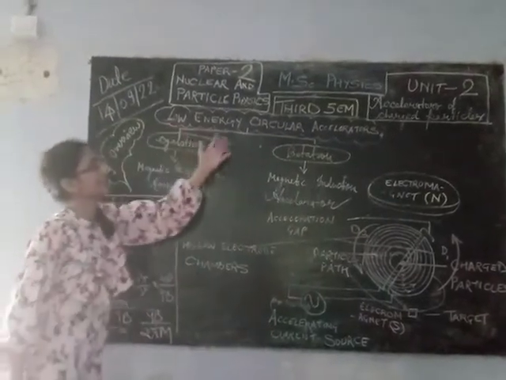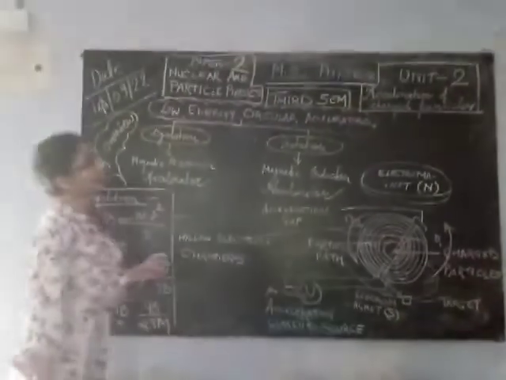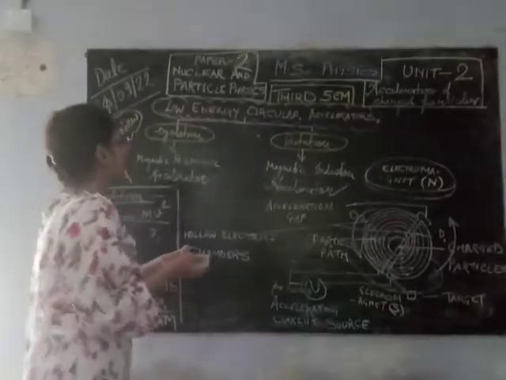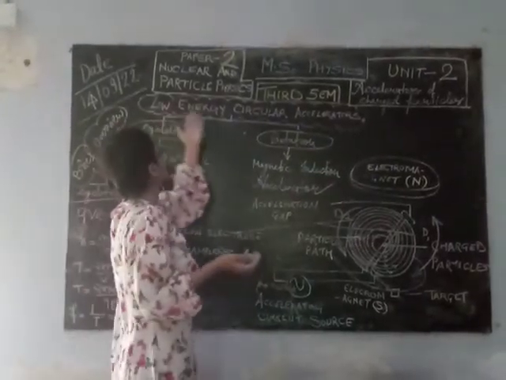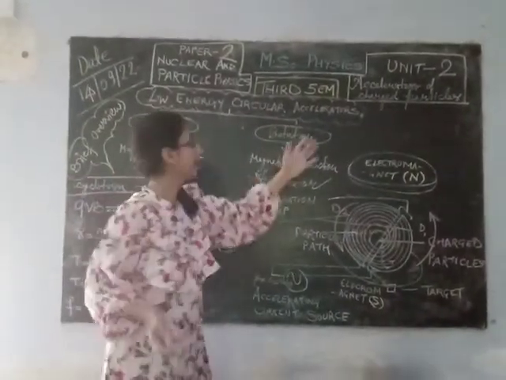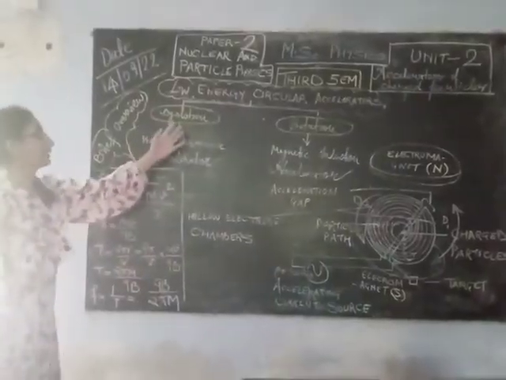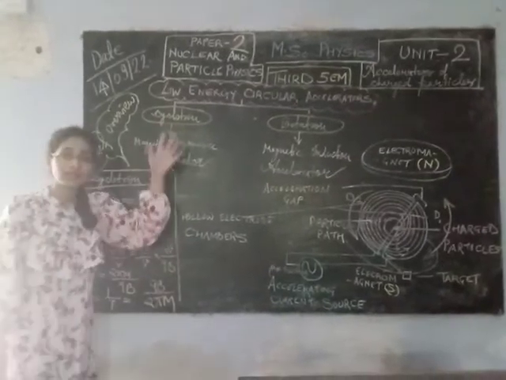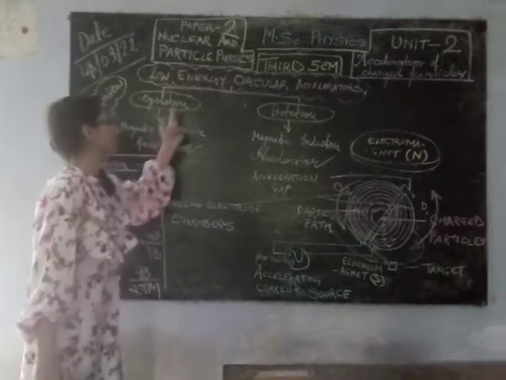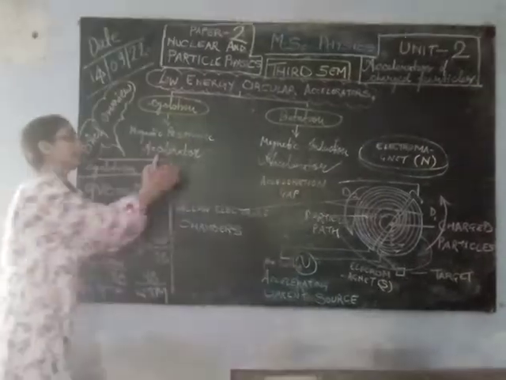Low energy circular accelerators. For example, a low energy circular accelerator is a cyclotron, and then the betatron. What is a cyclotron? The cyclotron comes under magnetic resonance accelerators.